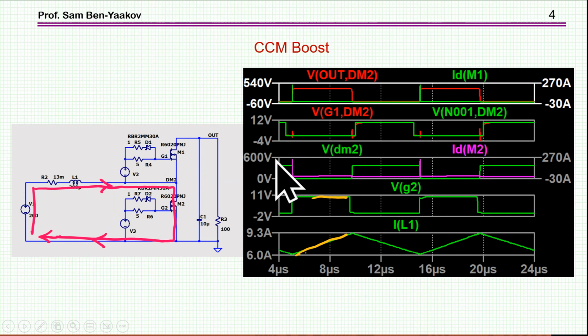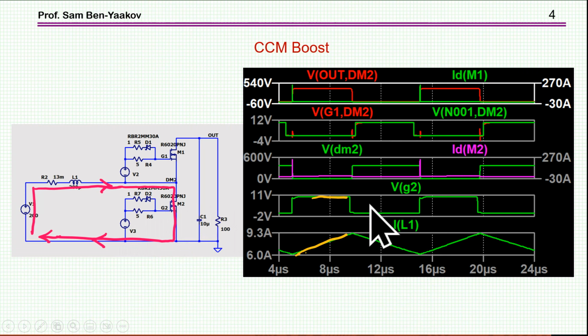If we look at the waveform of this converter, I'm showing here the inductor current, the gate voltage of the lower transistor, and the gate voltage of the higher transistor, which is not of importance here; I'm going to discuss primarily the lower transistor.